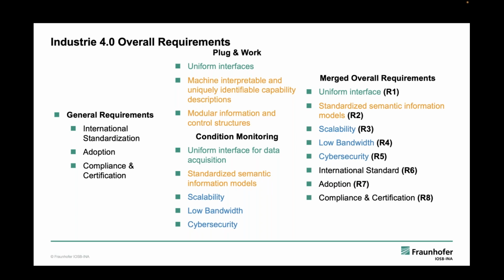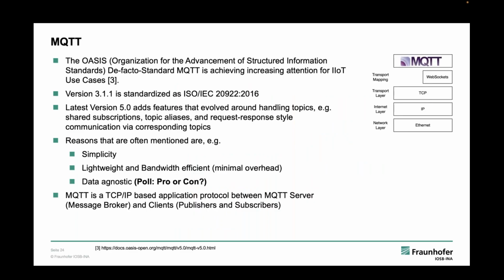Okay, then let's already look at solutions that are used to implement these application scenarios. And a solution that is achieving increasing attention for IIoT use cases is, of course, MQTT. MQTT is the de facto standard specified by the Organization for the Advancement of Structured Information Standards, and version 3.1.1 of MQTT is also standardized as an IEC standard.